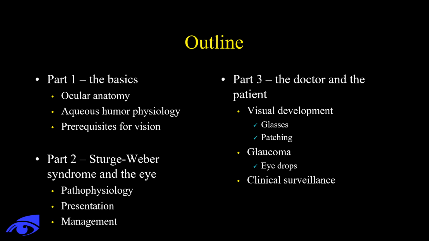In the second part, we will focus in on Sturge-Weber syndrome and the eye, namely the pathophysiology, presentation, and management of eye diseases related to Sturge-Weber syndrome. And in the third and final part, we will take a broader view and talk about the doctor and the patient in terms of visual development, what happens when the child gets glaucoma, and the importance of clinical surveillance.